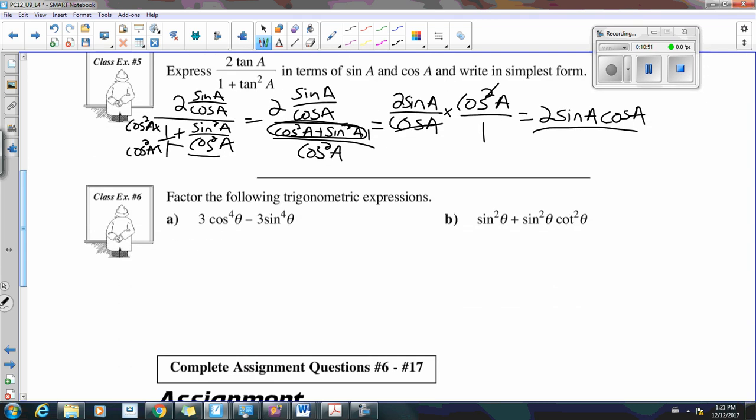6. Factor the following trigonometric expressions. This is a little bit more complicated factoring than we did when we were solving equations. But we can still start by taking out the common factor of 3. Now this is a difference of squares.